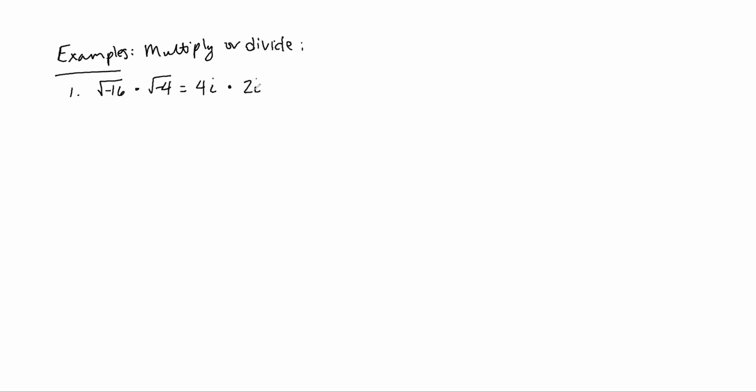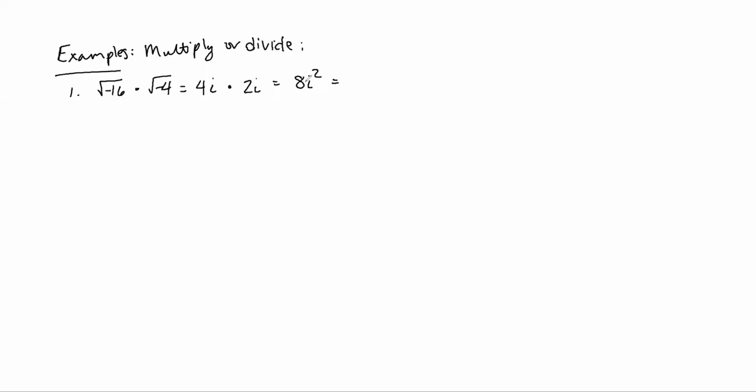Now, if we multiply these, think of them just like variables. If we had 4x times 2x, we'd multiply the coefficients, so we get 8. i times i is i squared. Remember that i squared is negative 1.